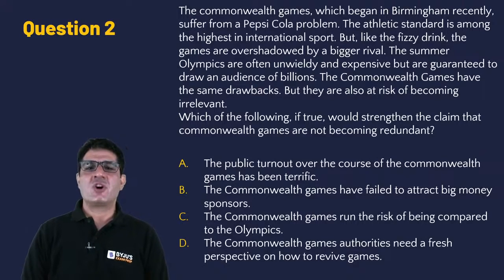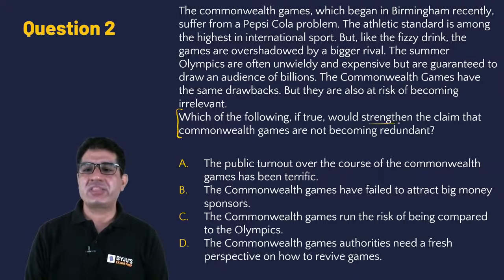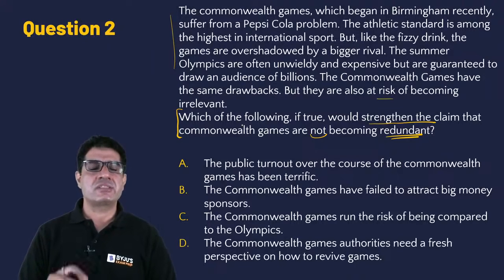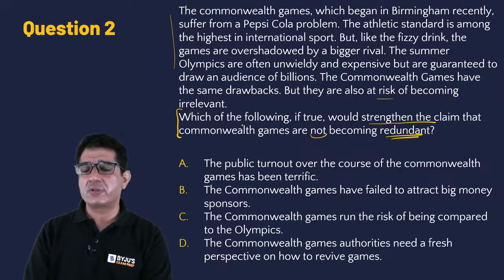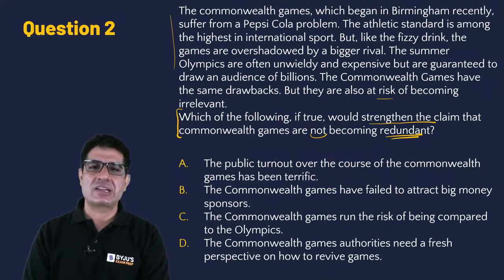Okay, so once again, here is the question stem. Which of the following, if true, would strengthen the claim that Commonwealth Games are not becoming redundant or irrelevant? In this particular argument, the author has said that the Commonwealth Games are at risk of becoming irrelevant. The question stem says that one of these options, if true, will tell you that they are not at the risk of being irrelevant.